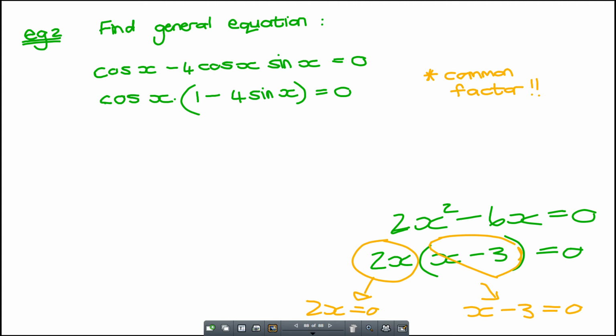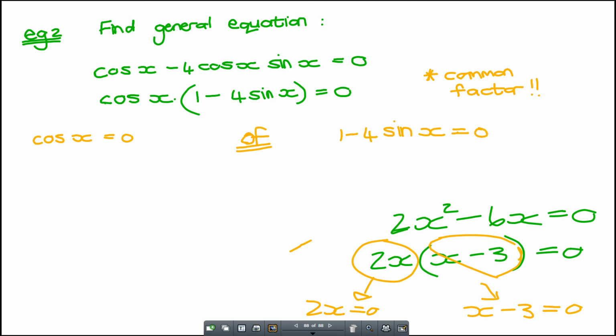So your step 1 will be: cos x equals 0, or 1 minus 4 sin x equals 0.